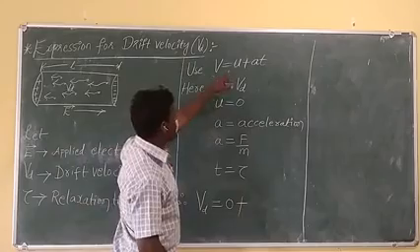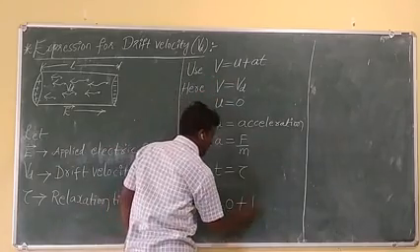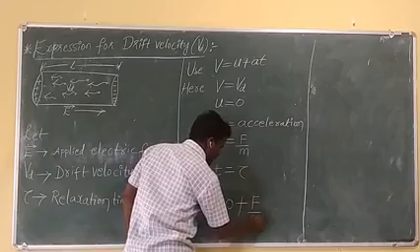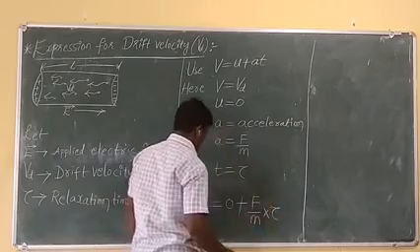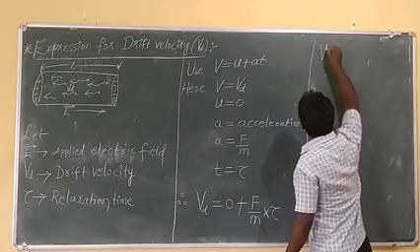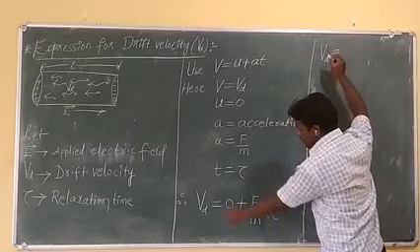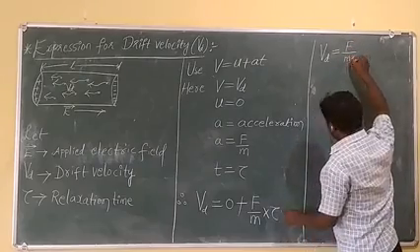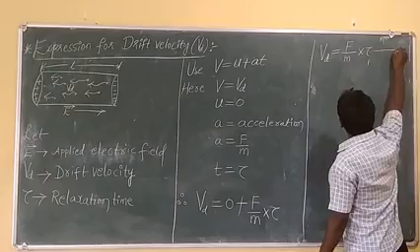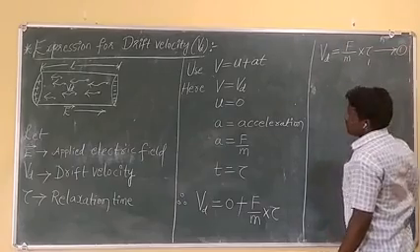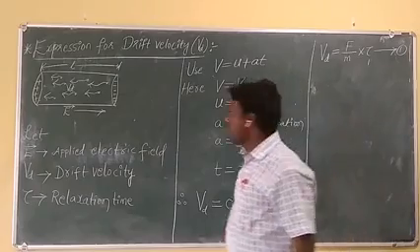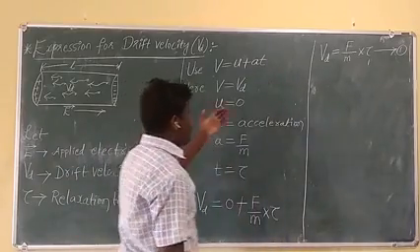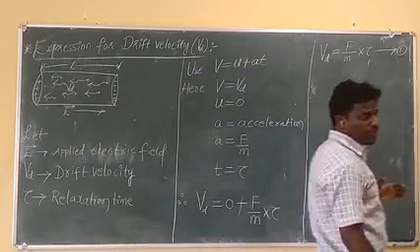So therefore VD equals 0 plus A, which is F by m, into tau. So VD equals drift velocity equals F by m into tau, right? Here F is the force.